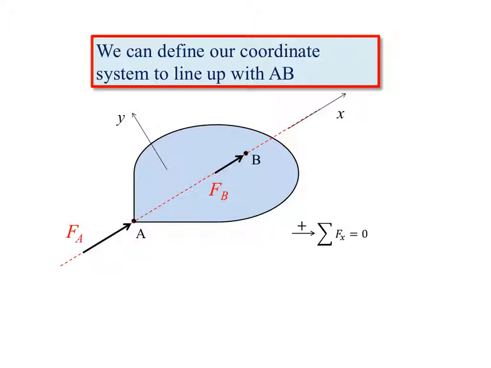We have 1 more independent equation of equilibrium remaining, and we still have 2 unknowns, the magnitudes of those 2 forces at A and B.